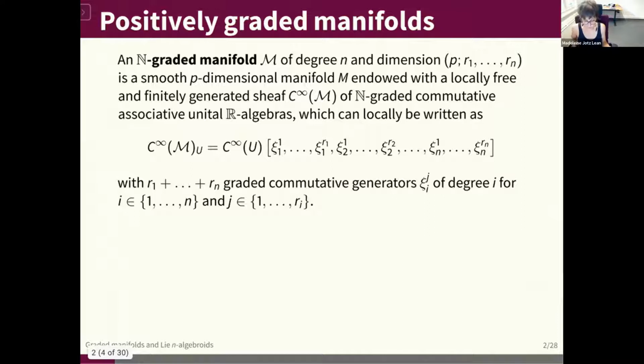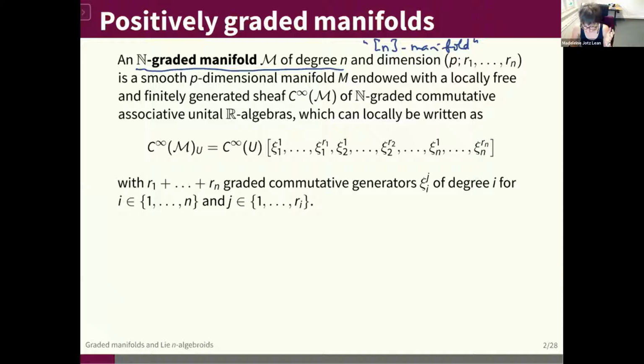So first of all, positively graded manifold. An n-graded manifold of degree n, which I'm going to call an n-manifold for simplicity. It's just a smooth manifold, but you enrich the smooth functions by graded generators.